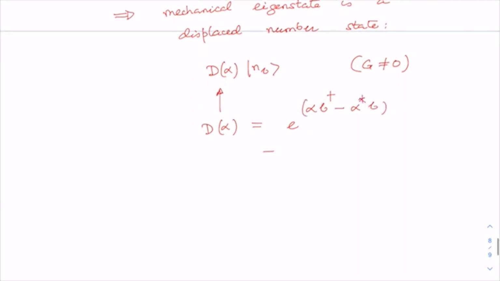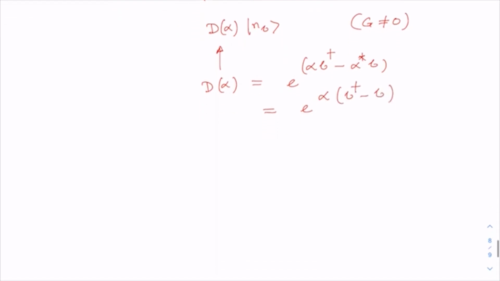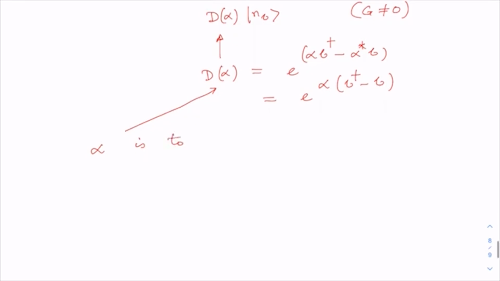We can take alpha to be a real quantity, then we can write e to the power alpha (b dagger minus b), and this parameter alpha is to be determined, and we will see how it is determined.